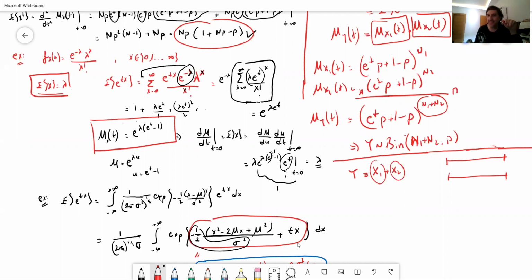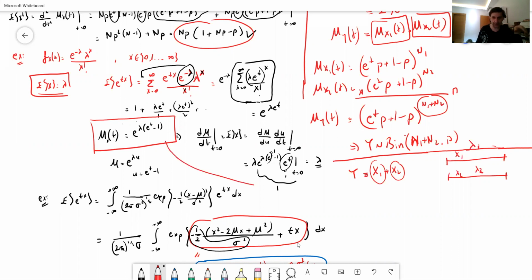Within that time interval, we have lambda1 and lambda2 as the corresponding Poisson rate parameters. Let's say that there are more calls to this office and fewer calls to this office. If the numbers of calls to the two offices are X1 and X2, what is the distribution of the total number of calls? That's basically our random variable here.